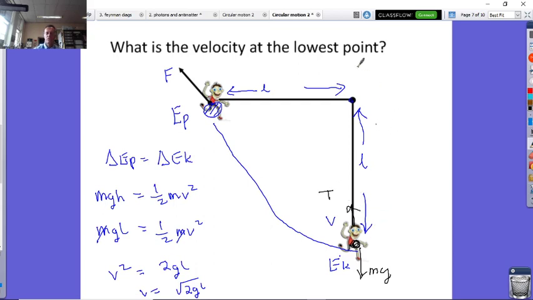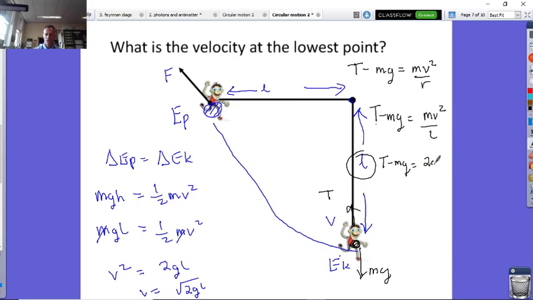In other words, the centripetal force must be T minus mg equal to mv squared over R. But this time the R is going to be your L. Therefore, T minus mg equals mv squared over L. What you can do now is, I know what v squared is.